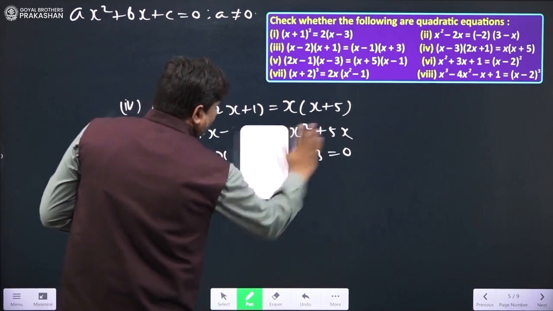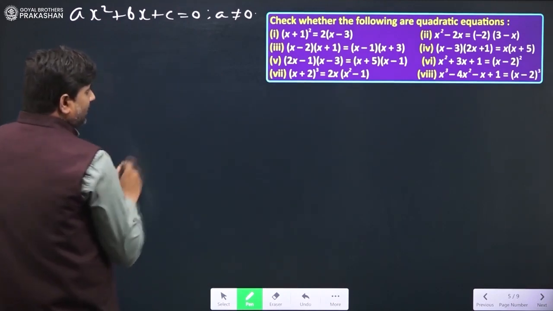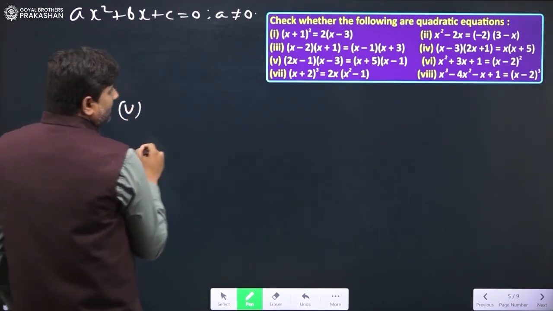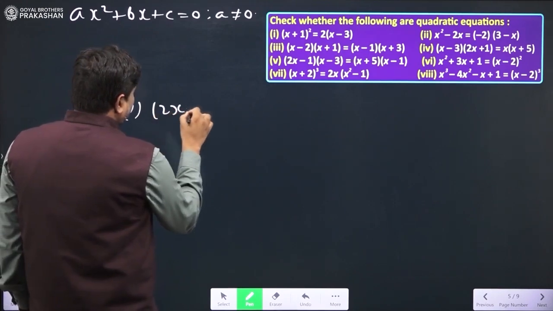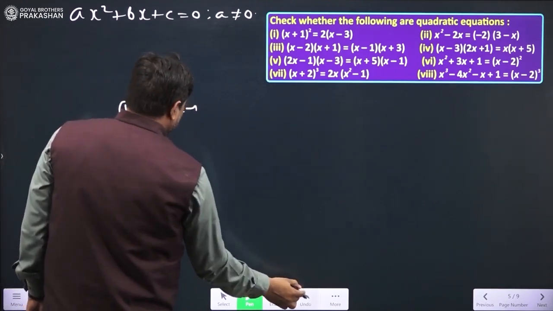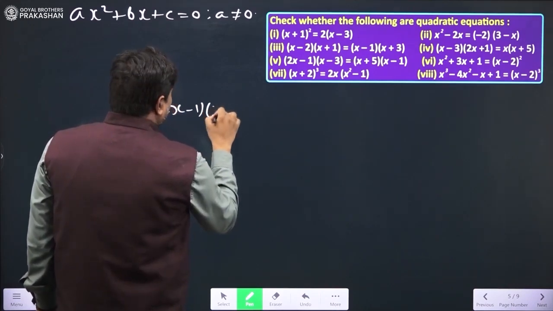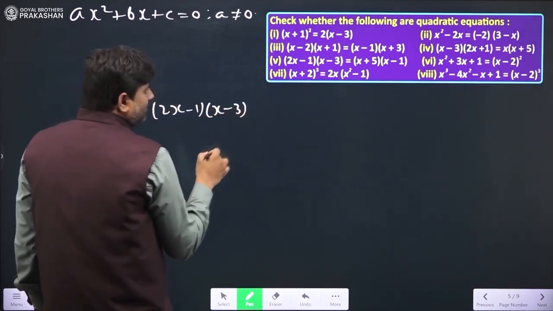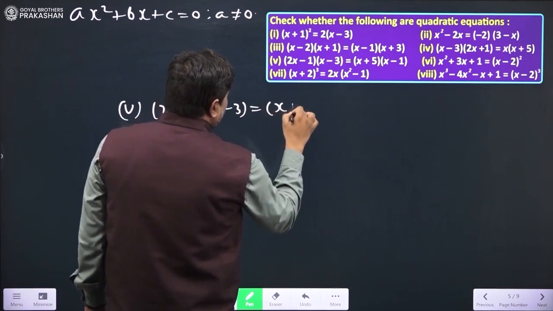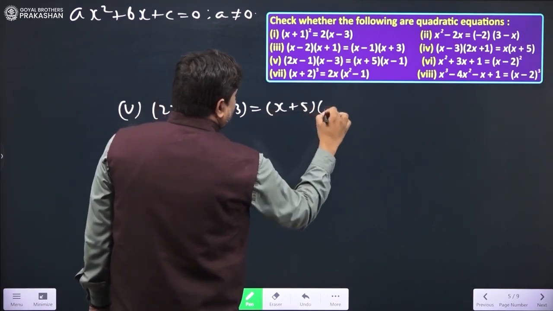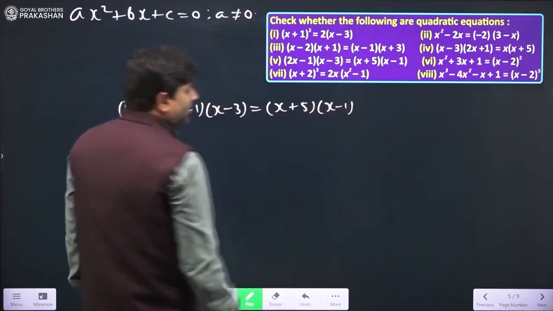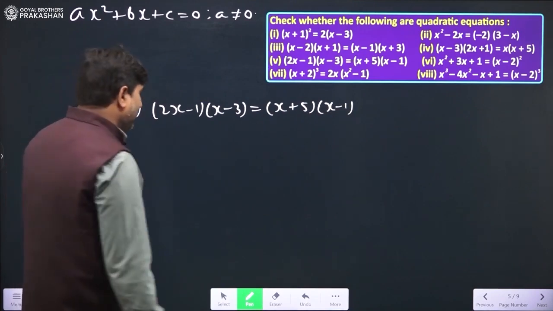Now moving to fifth part of the question, and fifth part is 2x minus 1 into x minus 3 is equal to x plus 5 into x minus 1.